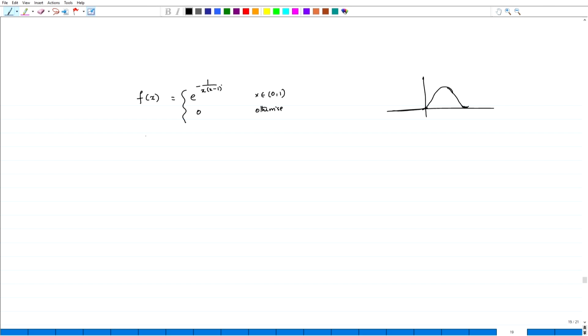So, this function f is infinitely many times differentiable and has compact support.